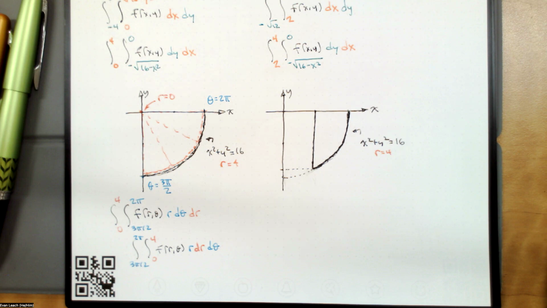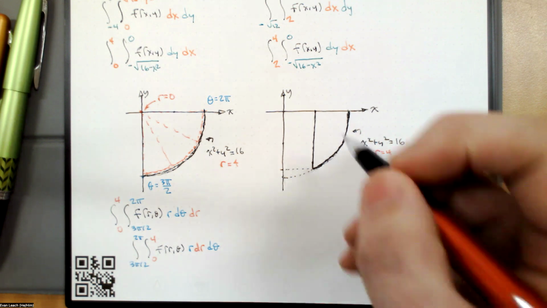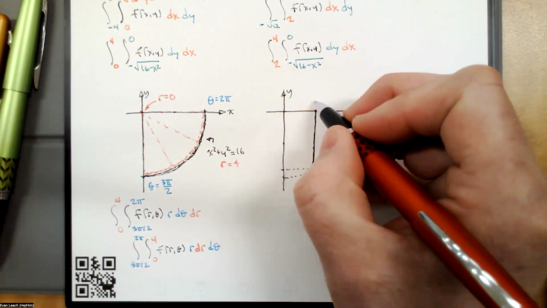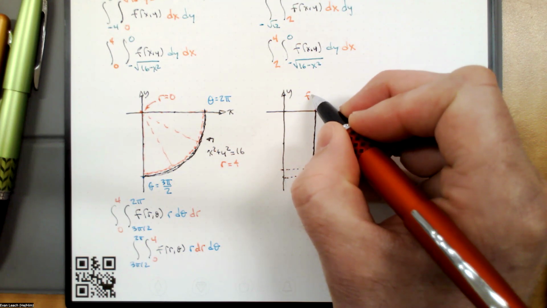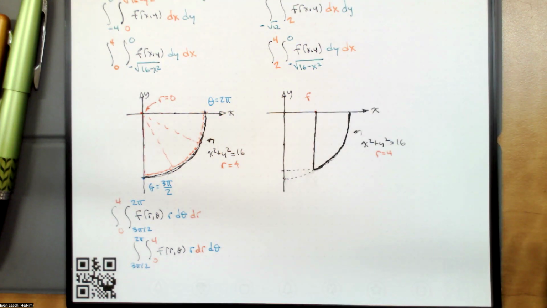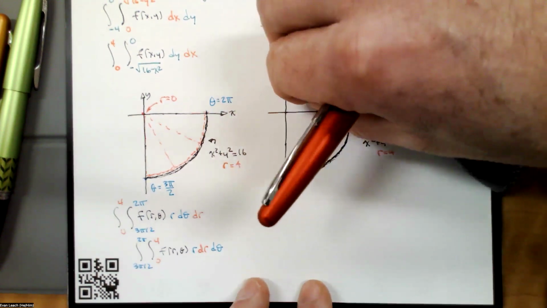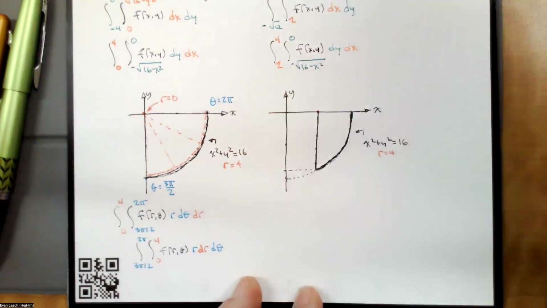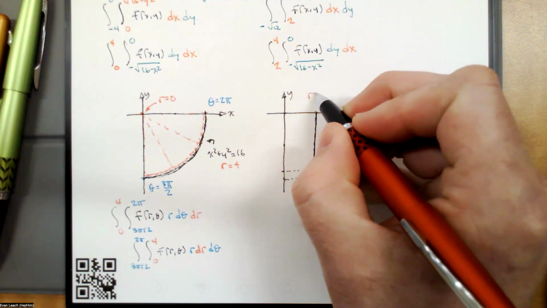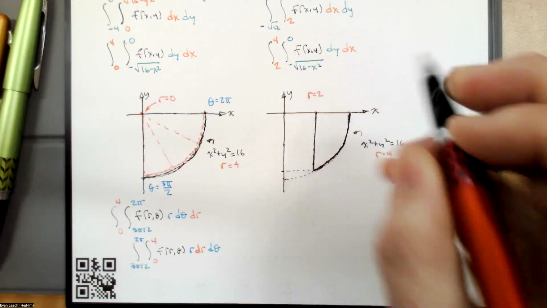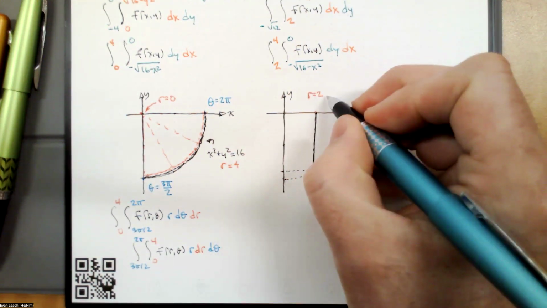Over on the truncated version, the problem that we run into is that r is different for different values of theta. So here at this point, r is equal to 2, and theta is equal to 2 pi.